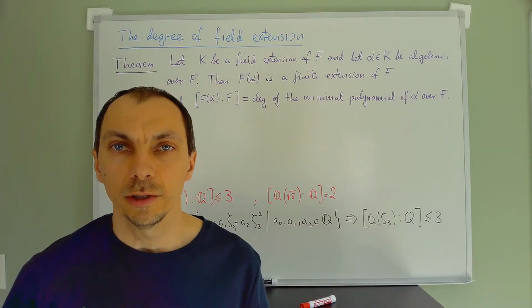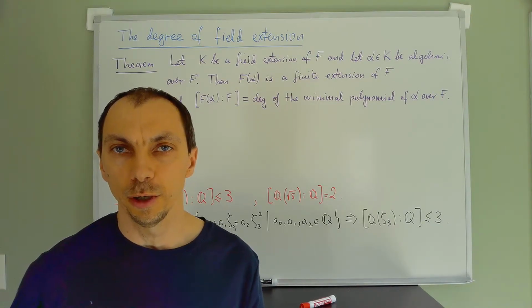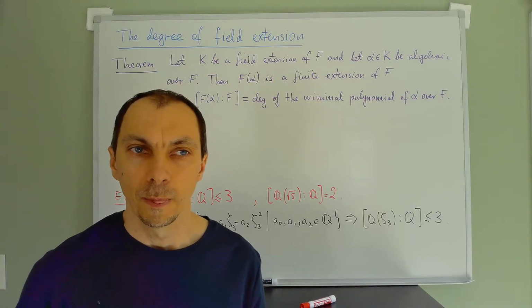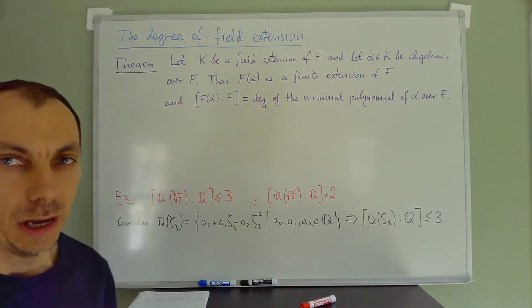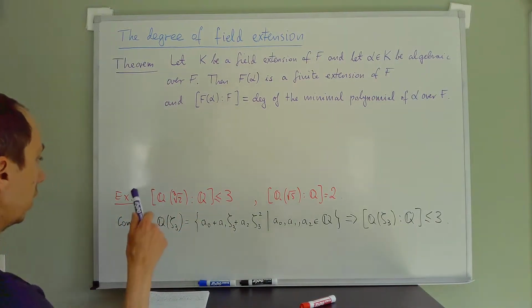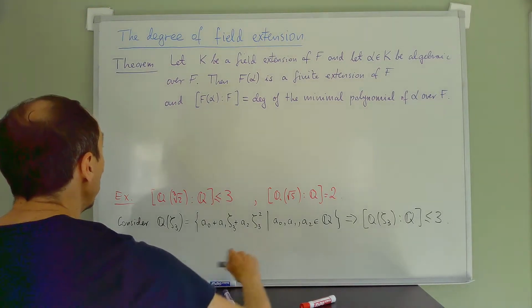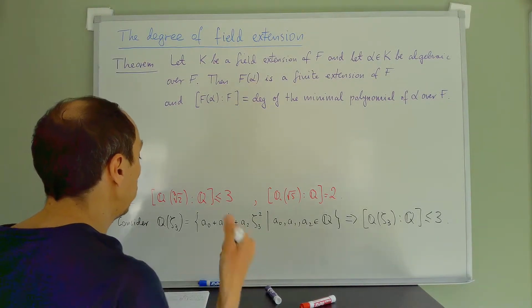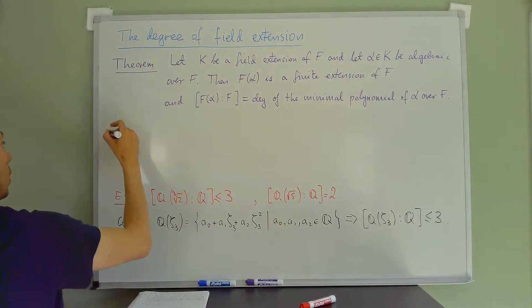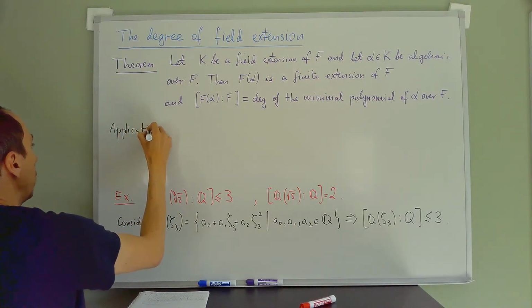Now this is very useful. As you have already seen, computing the minimal polynomial is often not an easy thing. But once you have done it, this actually helps you with the degrees, because this now immediately answers all these questions here. So let's look at an application of this theorem to these examples, and then we prove it.